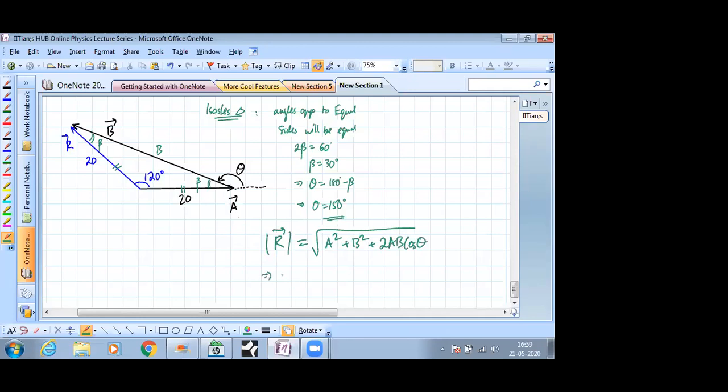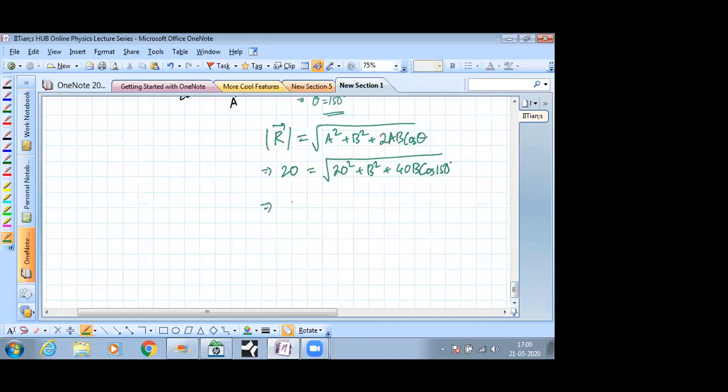So the resultant's magnitude is 20, that is square root of 20 square plus b square plus 40b cos 150. You use the relation that cos 150 is equal to minus cos 30, so that is minus root 3 by 2. From that, we get 20 is equal to square root of 20 square plus b square minus 20b root 3.